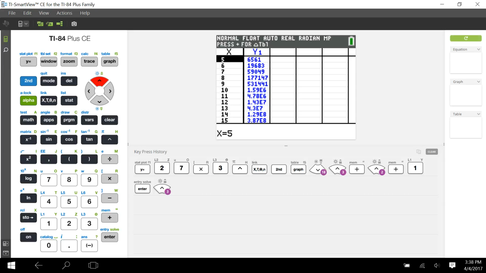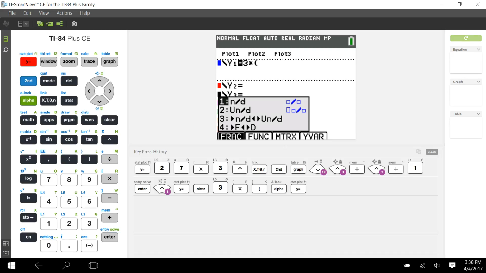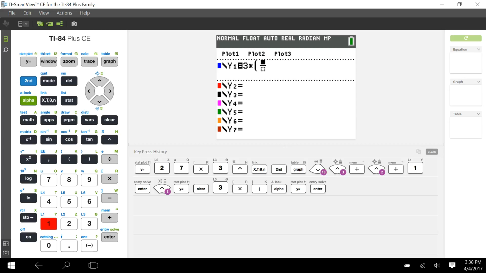Okay, so those are my other two values for number 5. For number 6, I'm going to go back to my equation and put in 3 times 1/2 to the x. Then I'm going to go to my table.